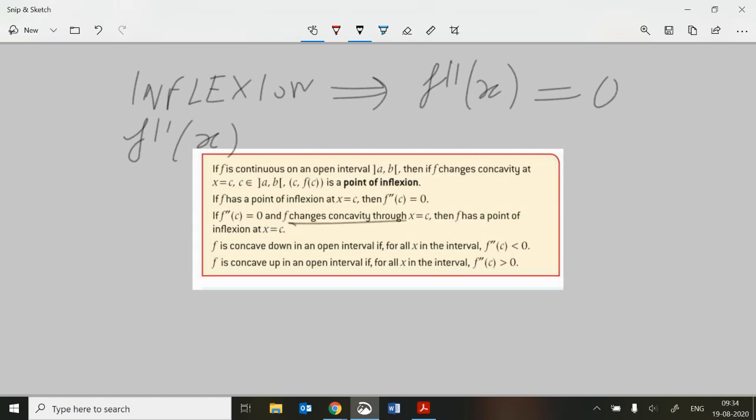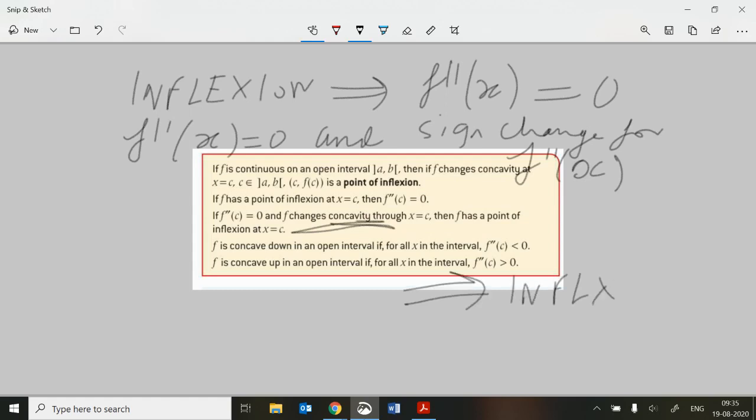But if the concavity changes either side, so if there's a sign change for f dash dash of x at that particular point, x is equal to c, or in other words, the concavity changes, that does imply that we have a point of inflection.